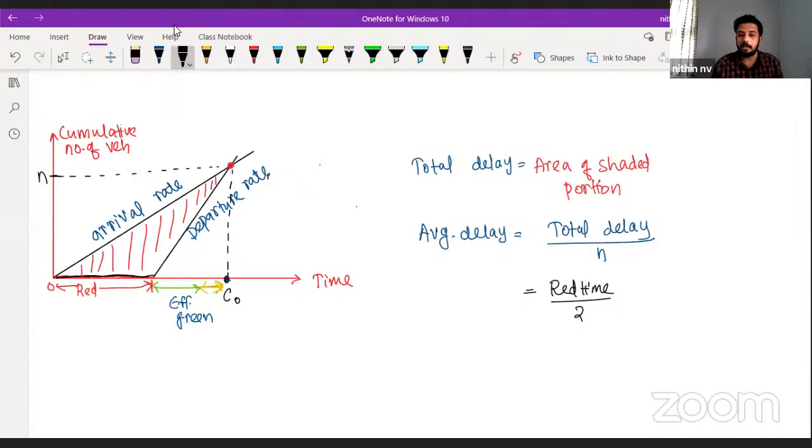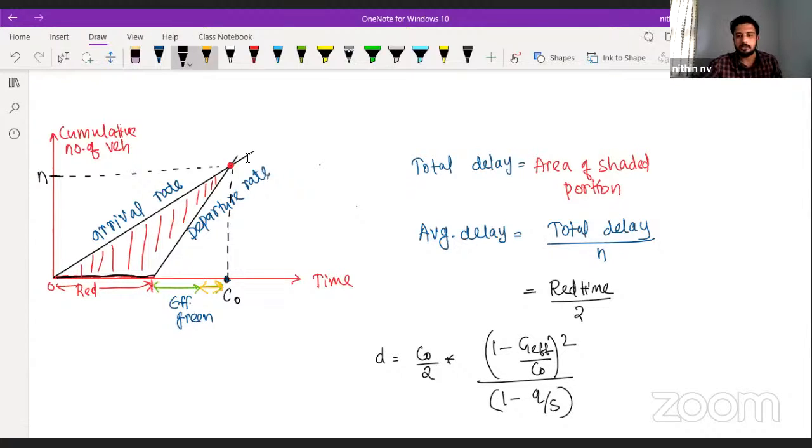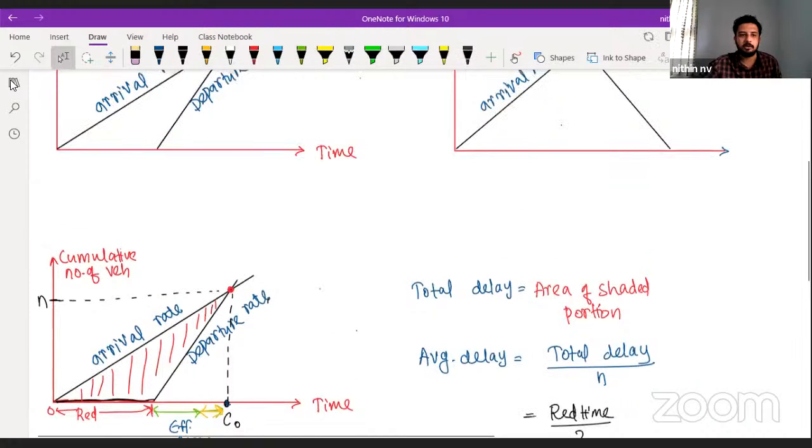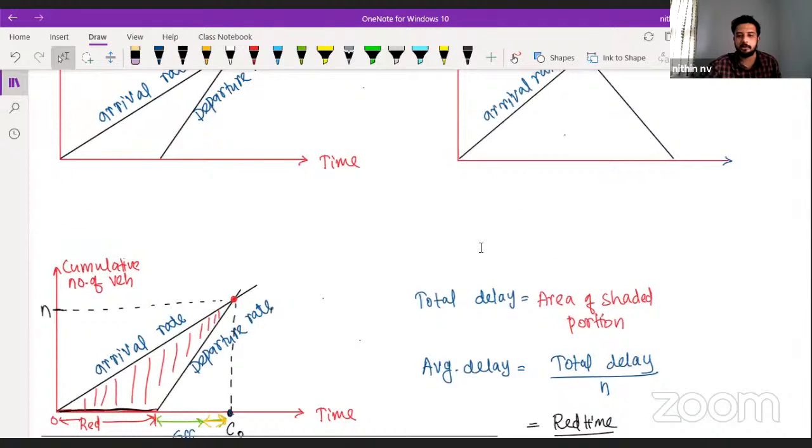And one more thing I'm telling, if it is at C0, one more equation we can use, nothing but what was our delay? C0 by 2 into 1 minus G effective by C0 the whole square. The equations which we have seen in the last video, Q by S. This equation, do you remember?